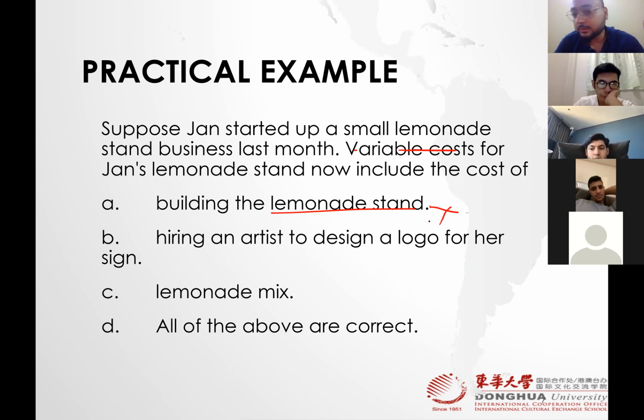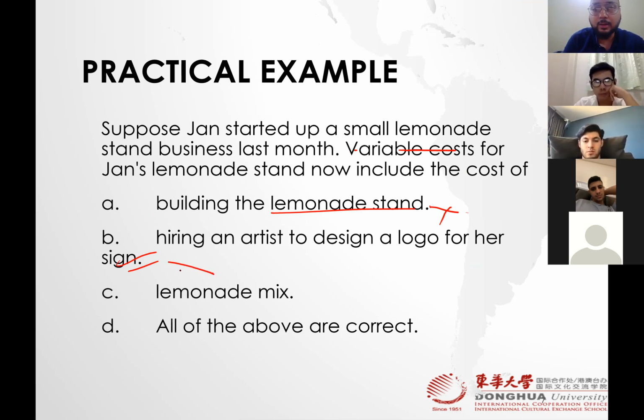So this is a fixed cost, not the variable cost. Hiring an artist to design a logo, it's a one-time thing, also fixed cost, not variable cost. Lemonade mix, the more you sell, the more you would be needing lemonade mix, right? More sugar you need, more lemon you need. So this is a type of variable cost.